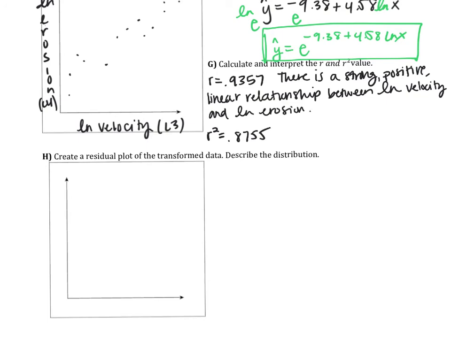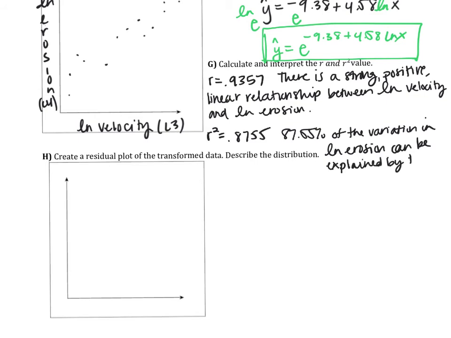And down here, 87.55% of the variation in y, y is the natural log of erosion in this case, can be explained by the linear relationship with the natural log of velocity.